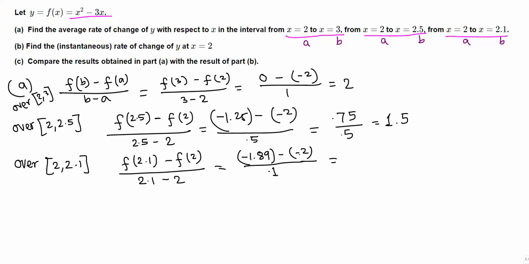This is positive 2 minus 1.89. Use your calculator and subtract 1.89 from 2. Just 0.11 over 0.1. Now divide this using calculator and we get 1.1.